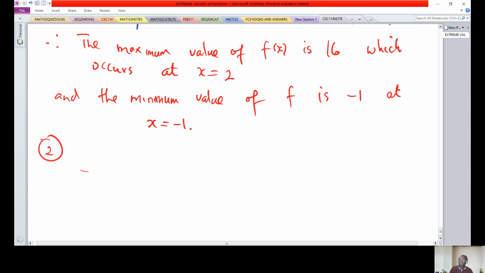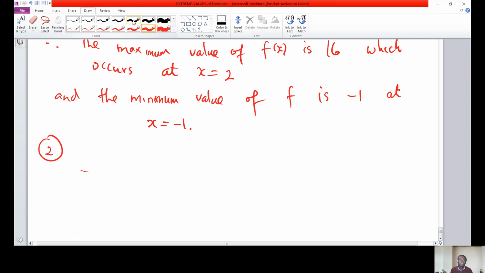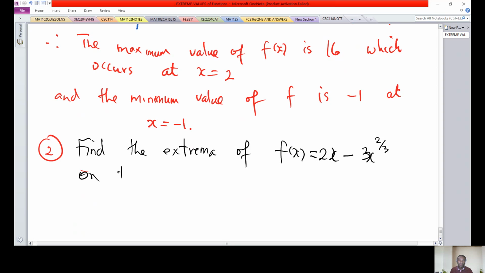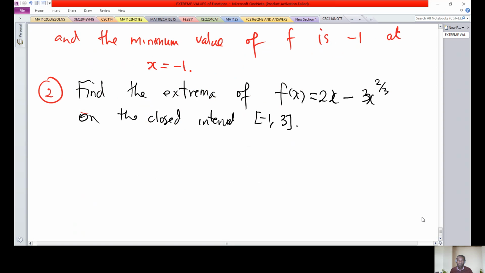Problem 2: find the extrema of f of x equals 2x minus 3x to the power 2/3 on the closed interval [-1, 3].